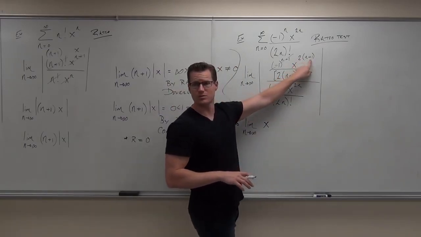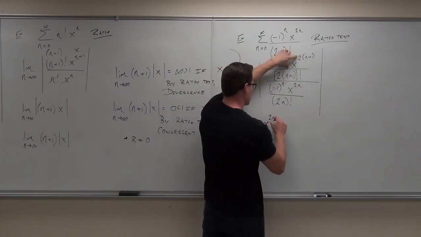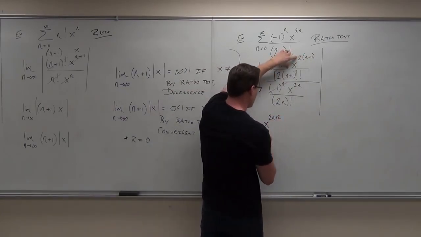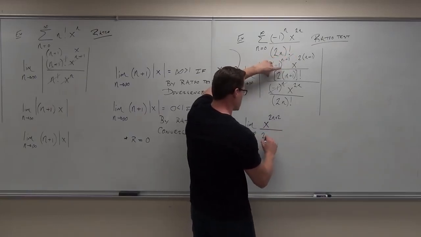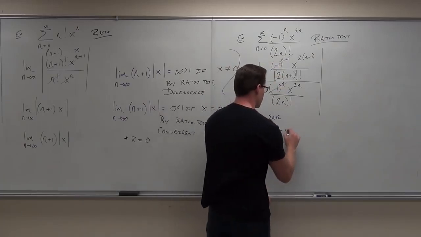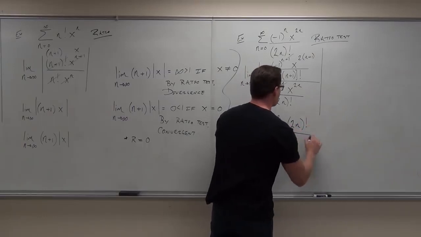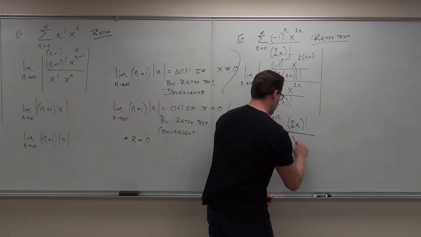If you haven't done it already, this would be a good spot to do it. So here, I'm going to get my x to the 2n plus 2 over my 2n plus 2 factorial times 2n factorial over x to the 2n.